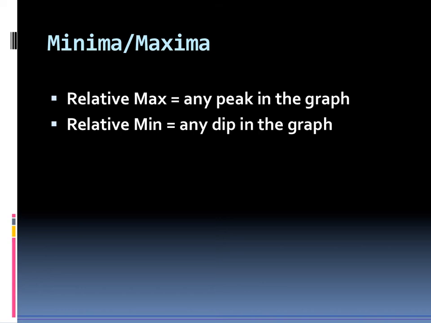All right, minima and maxima. We shorten these as max and min. There are two different types of max and min, absolute and relative. Absolute only has one. There's only one absolute max, one absolute min. But relative is every time the graph goes up and comes back down, there's a relative max. Every time it goes down and comes back up, there's a relative min.